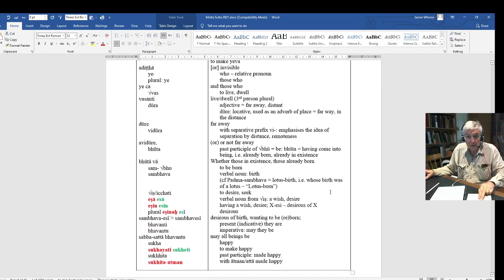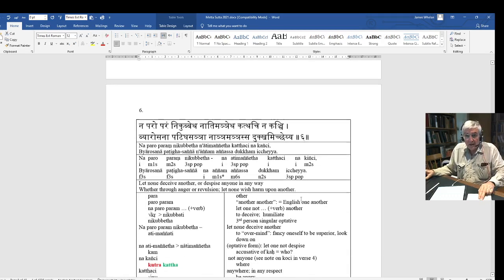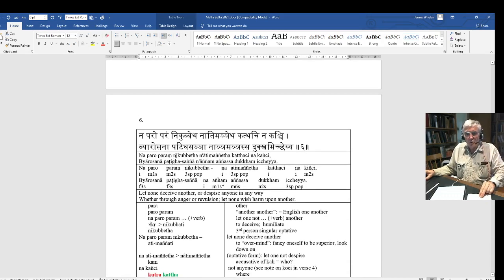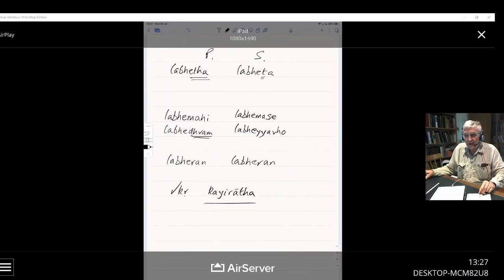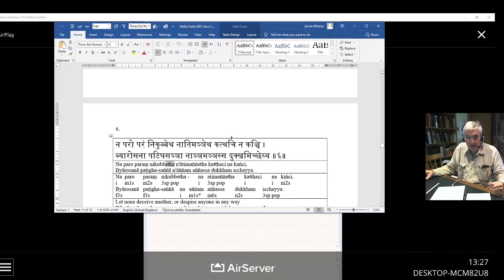Now, look now in verse 6. Nikubeta. This is that ending we discussed. This eta ending would be eta, which is the atmanepada. Labheta with an unaspirated ta, labheta with an aspirated ta in Pali, and it has come in here.